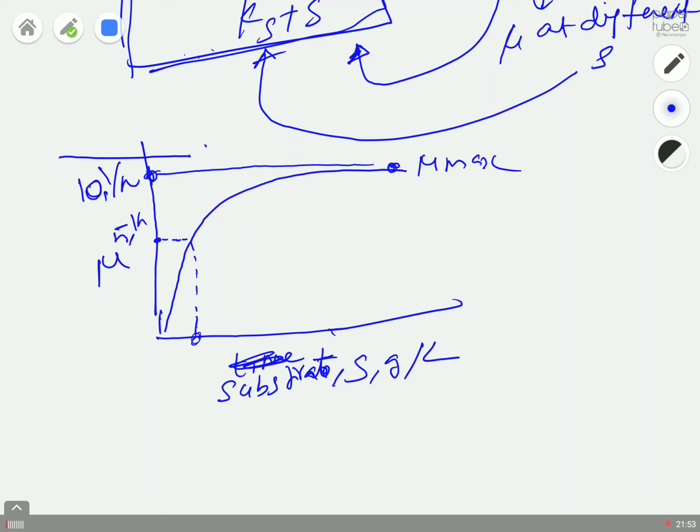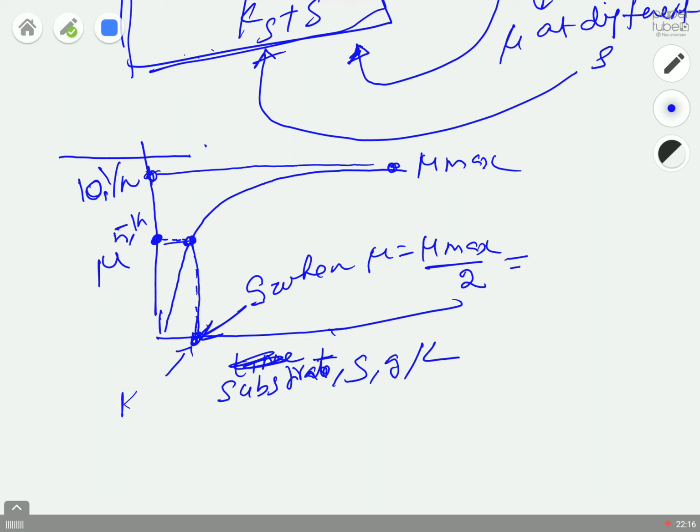So whatever this value here, this is equal to your substrate concentration when this mu value is equal to mu max by 2. So the substrate concentration at which this happens will be equal to your Ks.